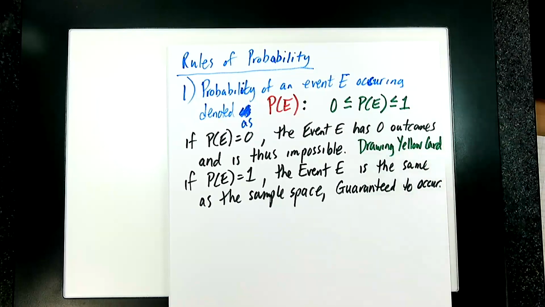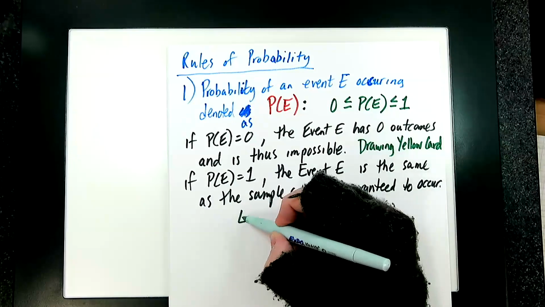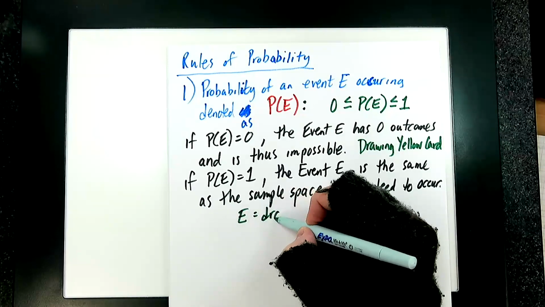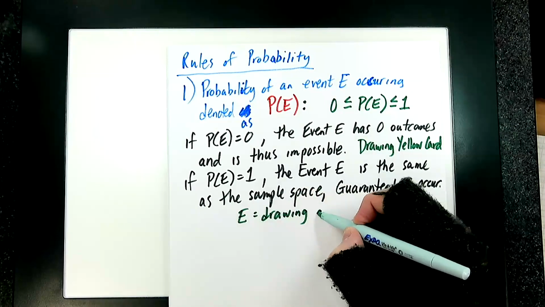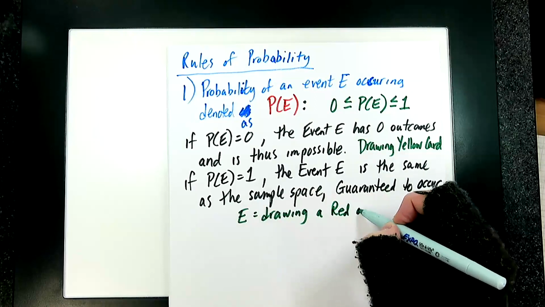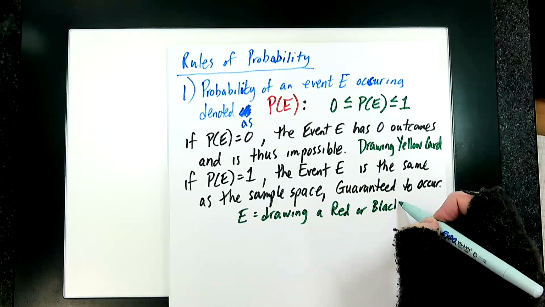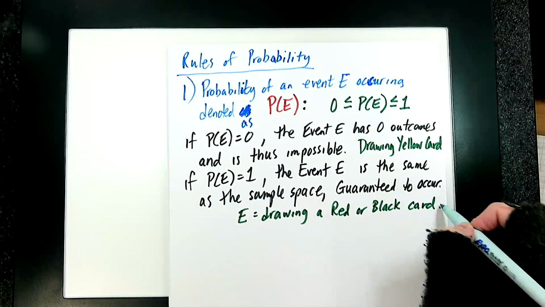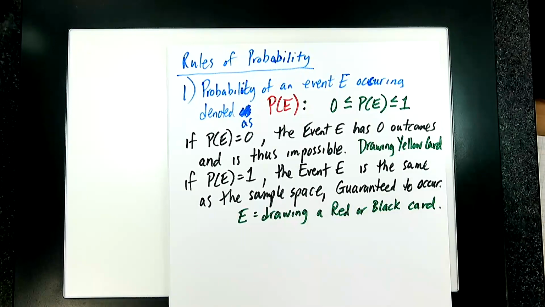You can't draw a yellow card when they're all red or black. Event E, where it's guaranteed: E is drawing a red or black card. That would give us a probability of 1.